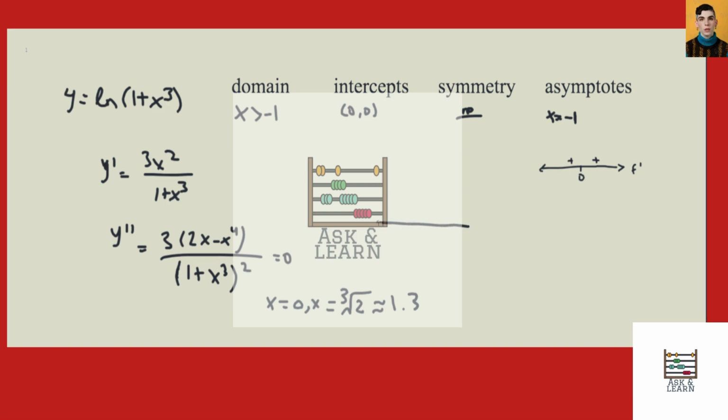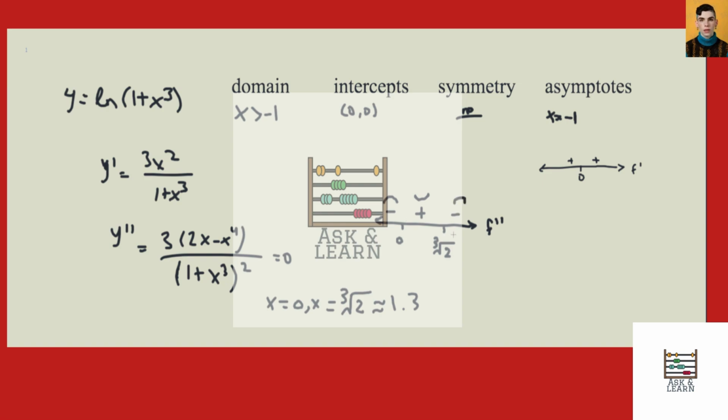Okay, so second derivative test. So f double prime. So this is 0. This is the cube root of 2. We have concave down here, concave up here, and concave down again.